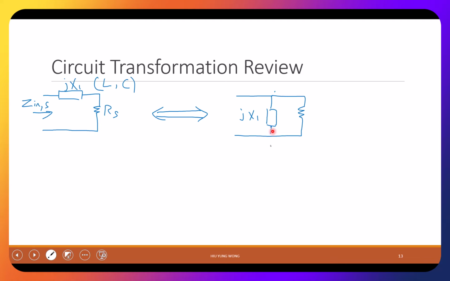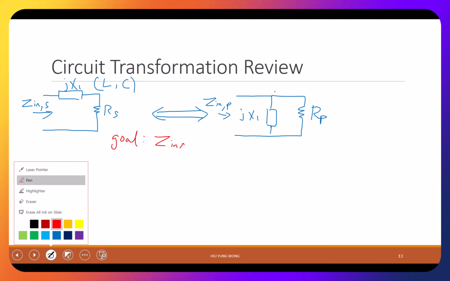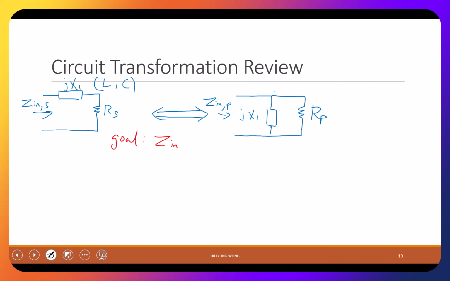Now you put the 50 picofarad in parallel. What should I do to this resistor so that they have the same impedance? I call this RP. So the goal is that if I look in, this is Zin,P, right? The goal is to have Zin,S equal to Zin,P.